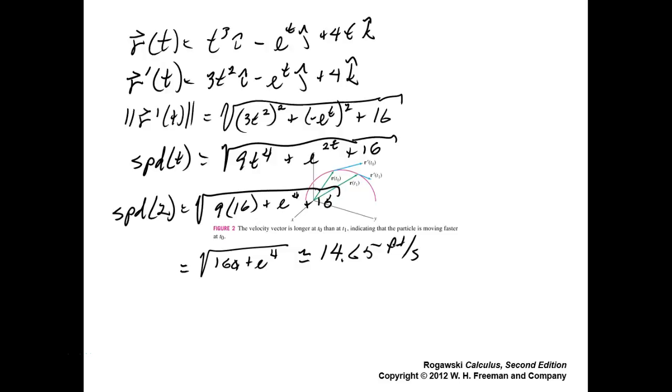In honor of finishing early, let's do some extra homework exercises. Do any of the odds 1 through 7. Do 9. And do any of the odds 11 through 15.